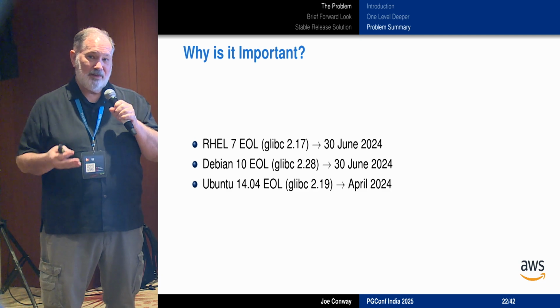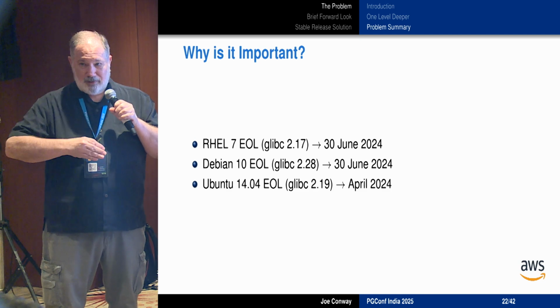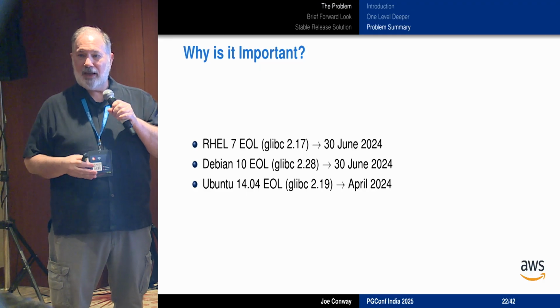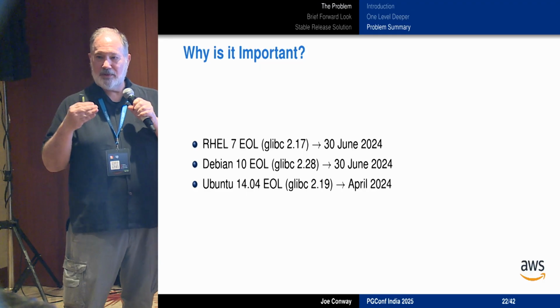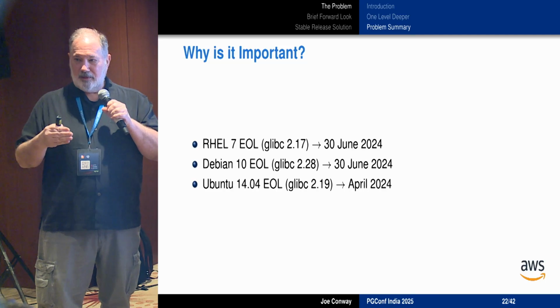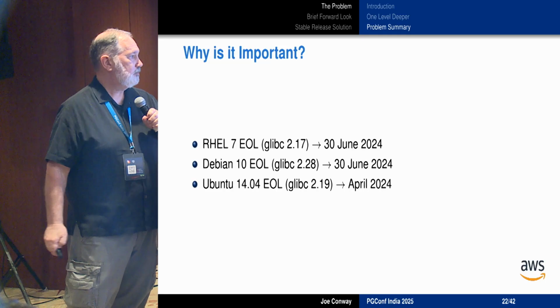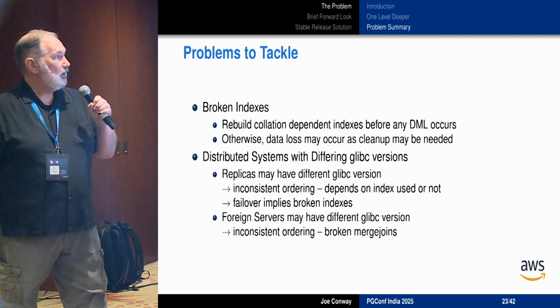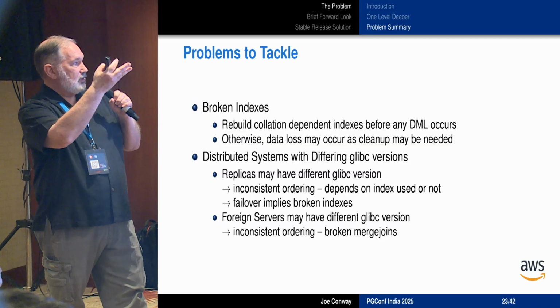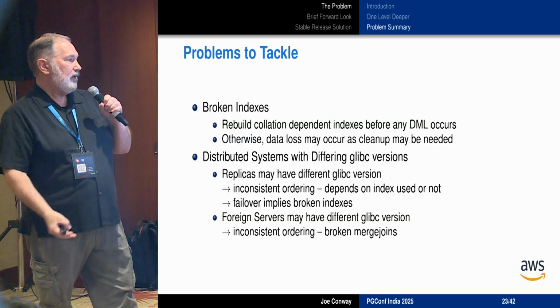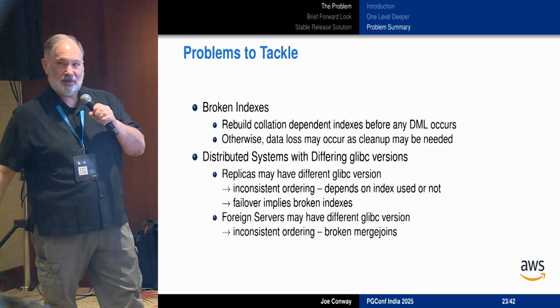And as I pointed out, even notwithstanding glibc 2.28, pretty much every version of glibc has some changes. So we have to tackle all these problems, the broken indexes and distributed system problems.